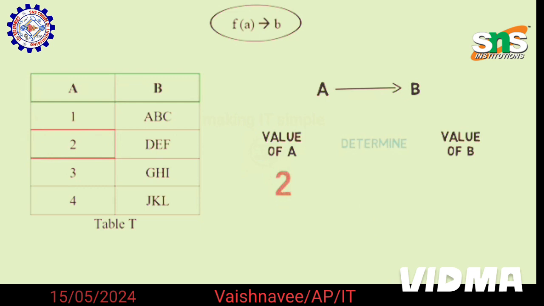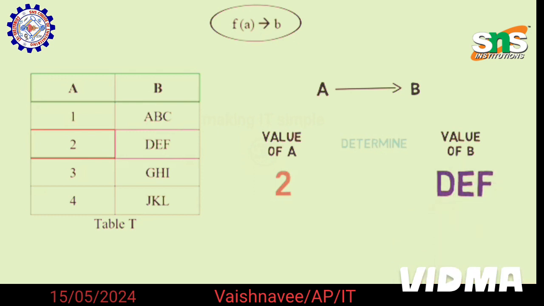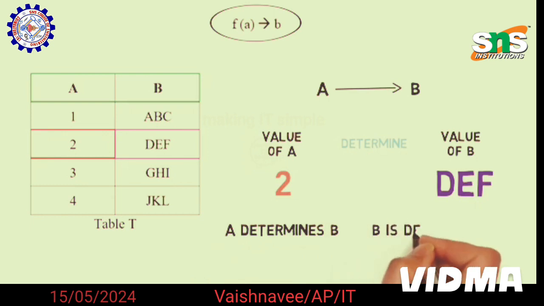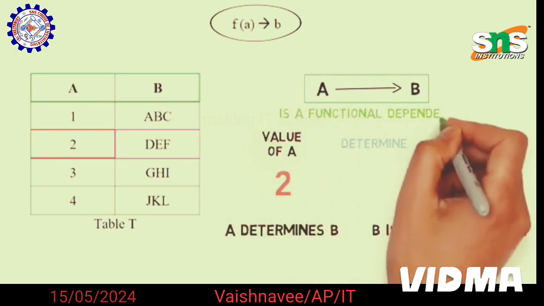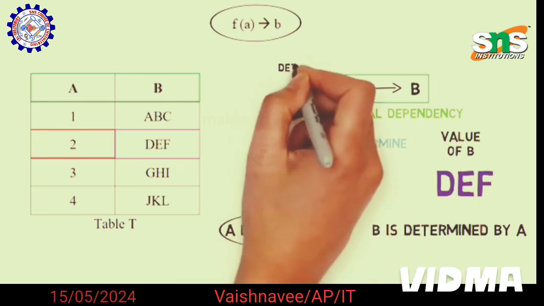For example, if we are given the value of A as 2, can we find the value of B? So we check the table and search for 2 in column A, and corresponding to that 2 we get a value of B, which is D, E, F. So by using A, we found the value of B. That means we can say that A determines B, or B is determined by A, and we can say that A determines B is a functional dependency.